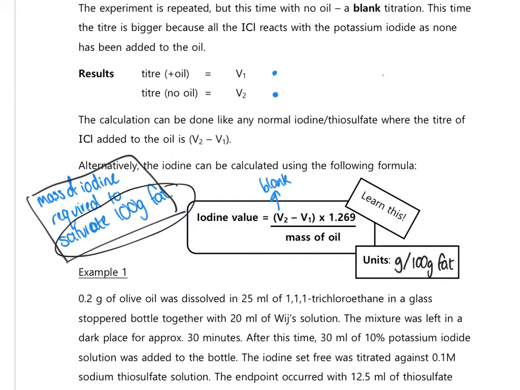The grams of iodine. Wait, that's not a unit. Can a number be a unit? It's like 1 over 100 grams.